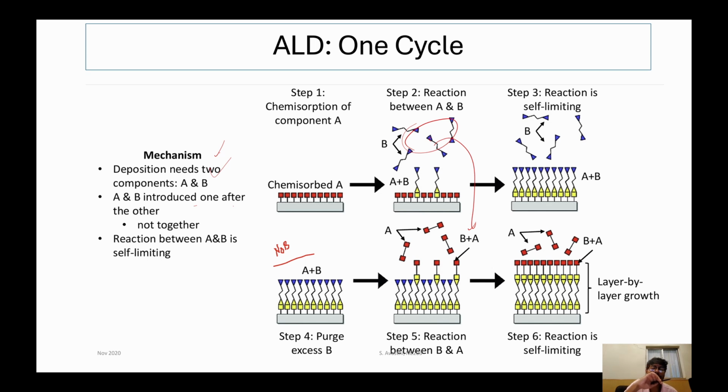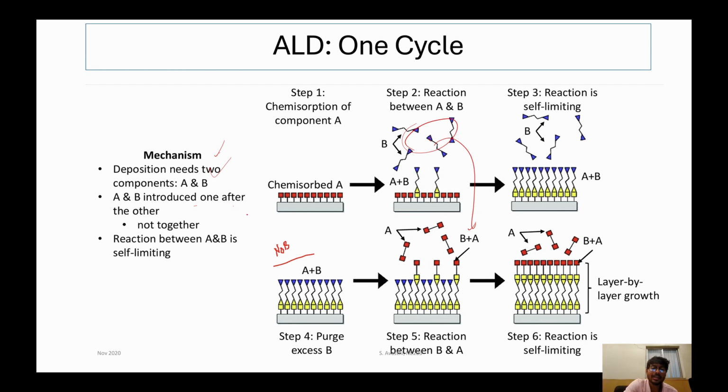Self-limiting in the sense that once reacted, A won't react with A and B won't react with B. A will react with one molecule of B. That is the self-limiting. So we will understand how this is happening.